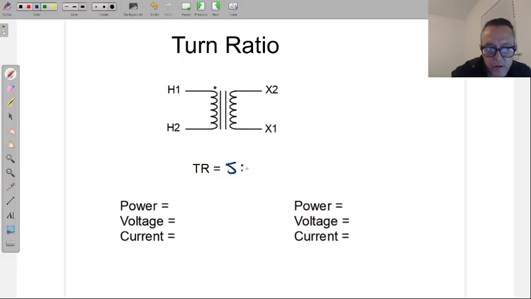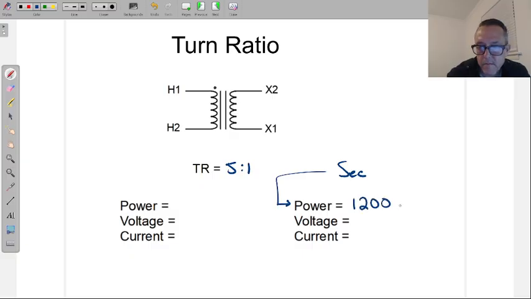We have a 5-to-1 turn ratio transformer. So you have the turn ratio. You have a secondary side wattage of 1200 watts, or VA.